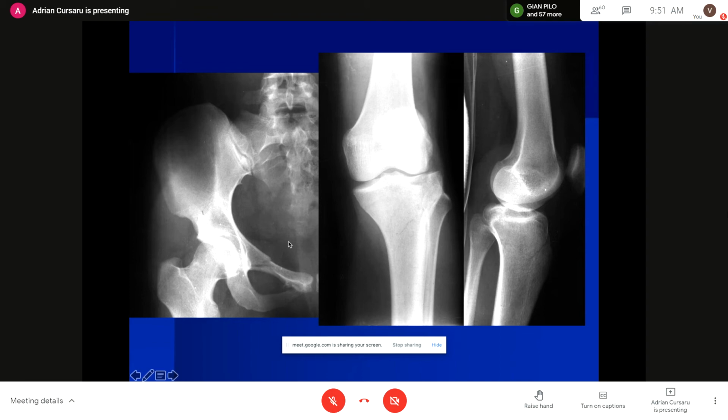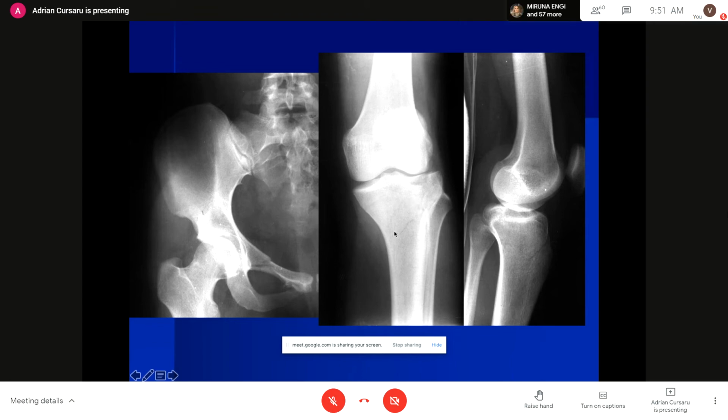No. Yes. Why? Look a little here. You have an association of pelvic fractures that goes here from the obturator ring and here from the sacroiliac joint. And do you have something abnormal of the knee joint?